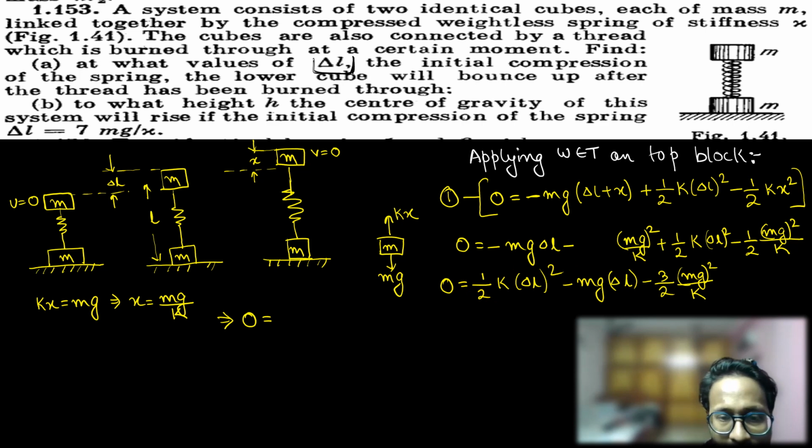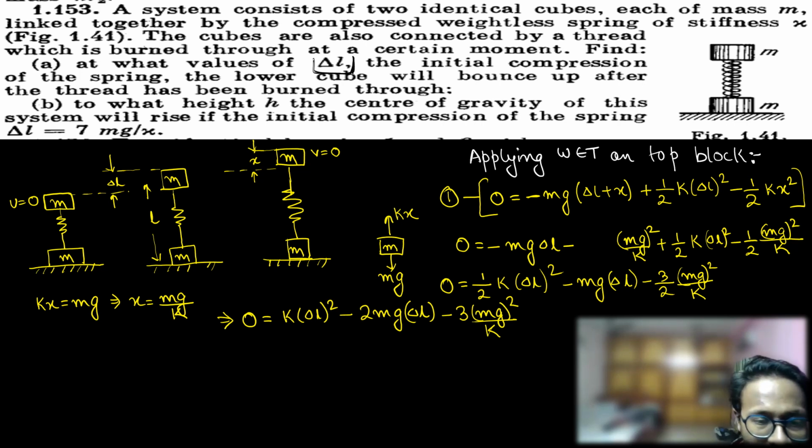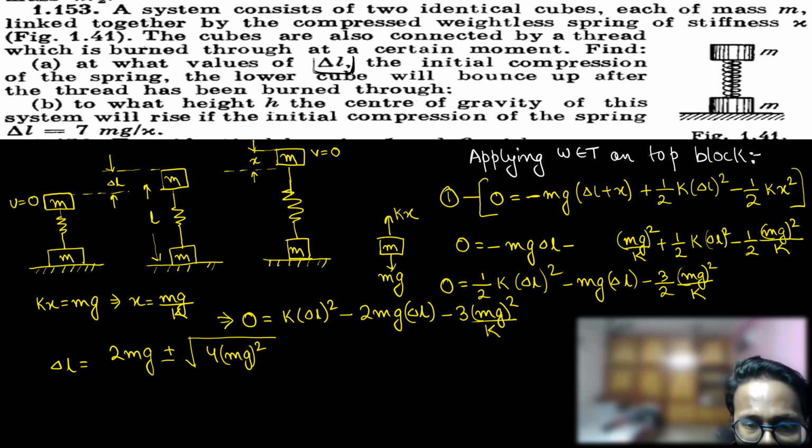What will happen? K into delta L square, minus 2 mg delta L, minus 3 mg square by K equals 0. Now if I apply the roots of the quadratic equation, delta L equals minus b, so minus b is 2 mg, plus minus under root of b square, or minus 2 mg whole square, minus 4ac.